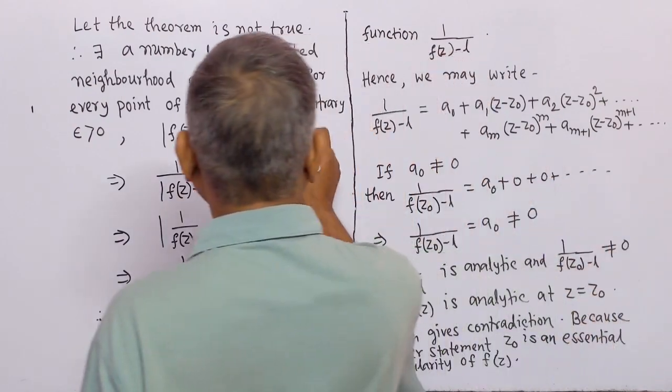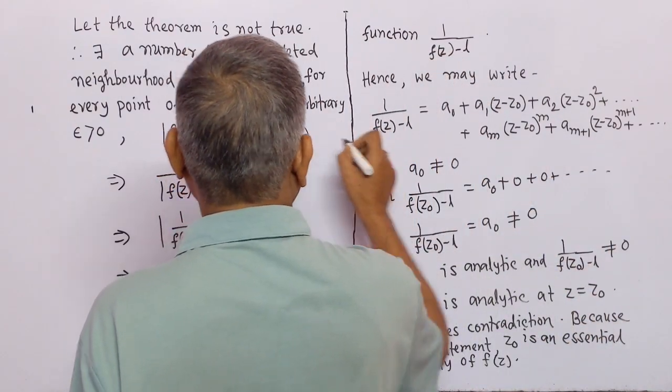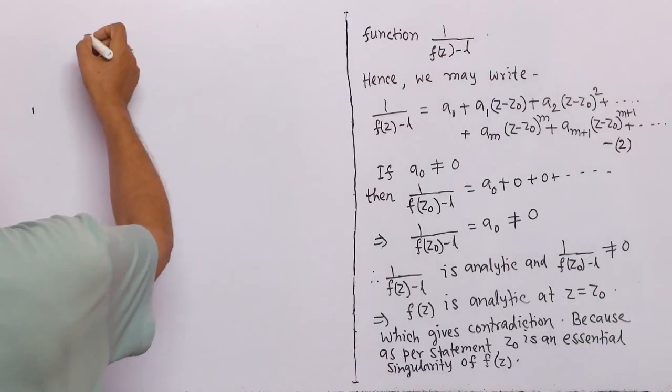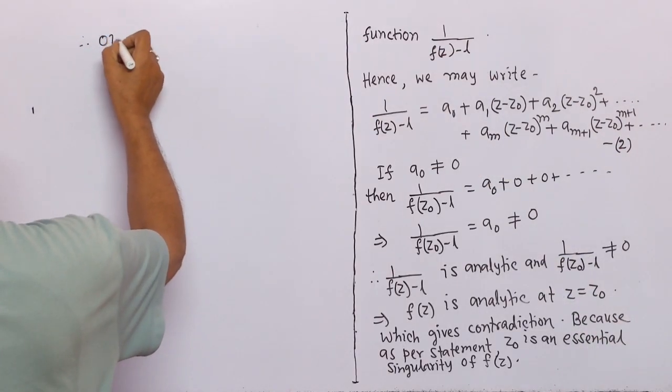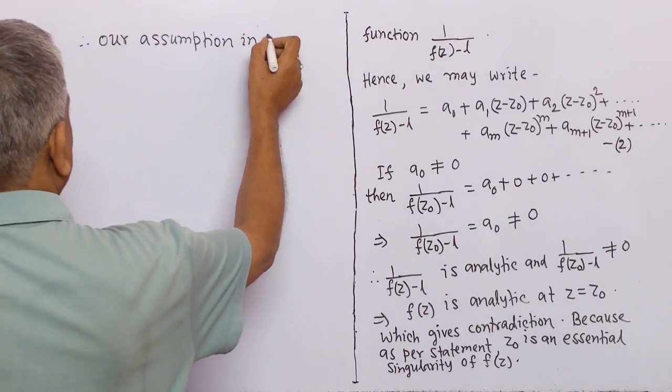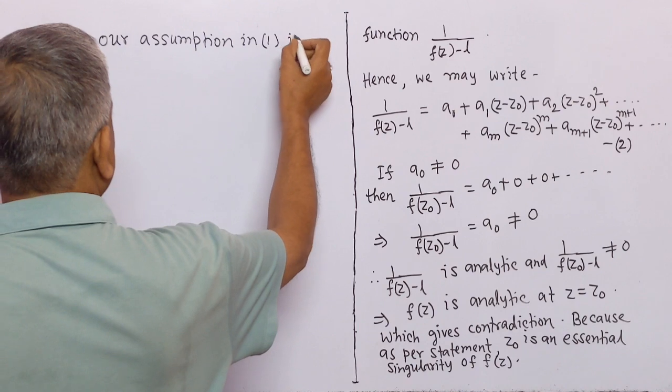Let this be number 1 and this be number 2. Therefore, our assumption in 1 is wrong.